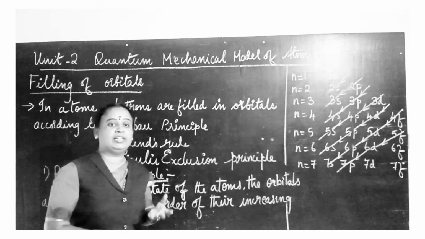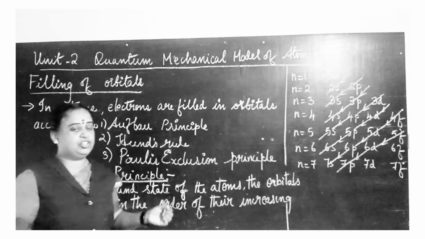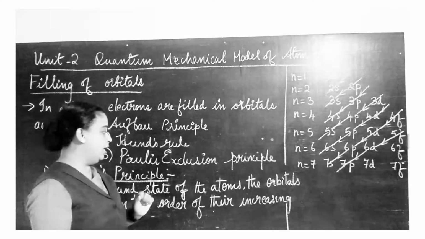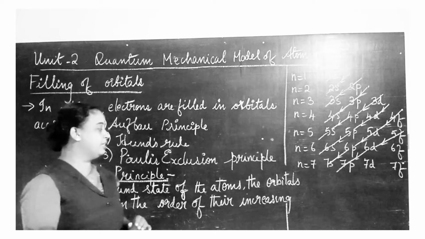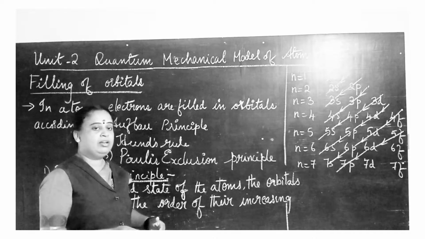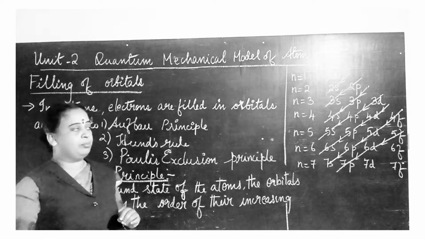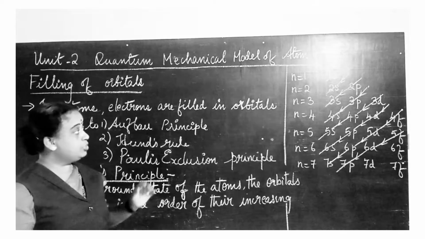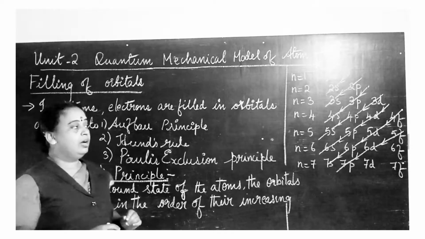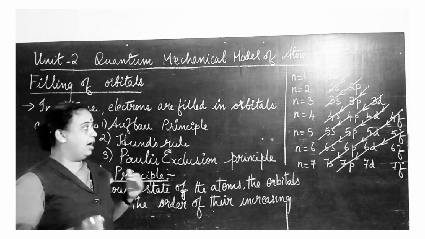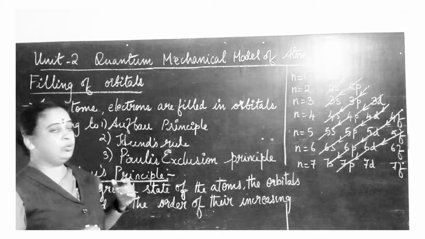Now let us see the ground state. In the ground state, the first shell with the s orbital, that is the 1s orbital, is filled first. After filling the ground state, electrons are filled in the next orbitals, that is the 2s orbital and 2p orbital.